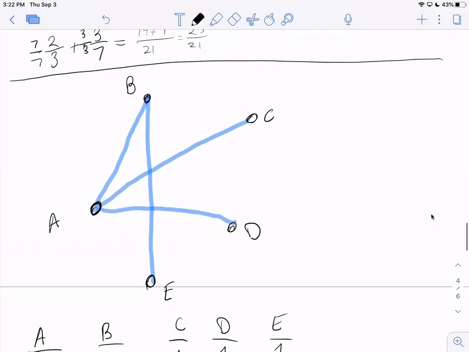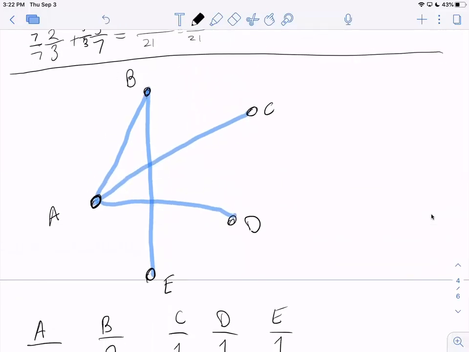Well, first let me tell you what the mathematical name for this is. This is called a graph. And this is part of a branch of math called graph theory. Graph theory is a way to abstract situations where you want to have objects and you want to model the connections between different objects.